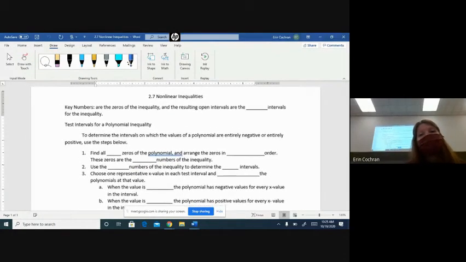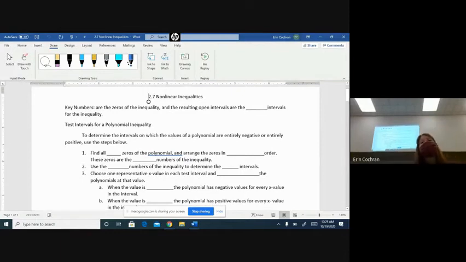All right, so nonlinear inequalities. You guys know inequalities are what? Greater than, less than, greater than or equal to, less than or equal to, all of that fun stuff. Nonlinear means what? It's not a line, right? Now, remember, if it has a line underneath like equal to, those are solid lines.